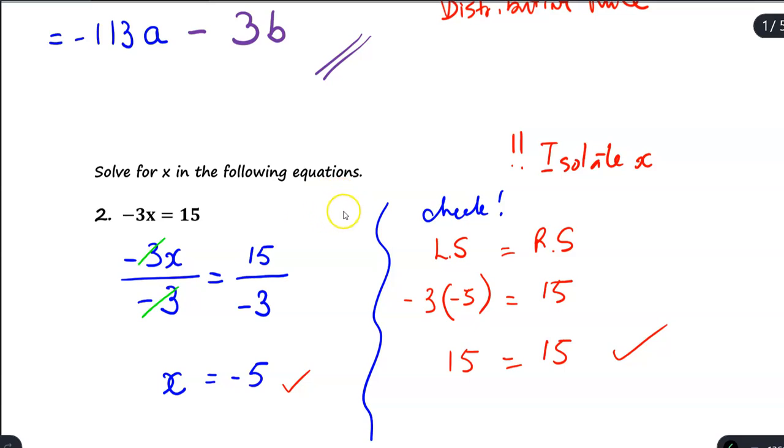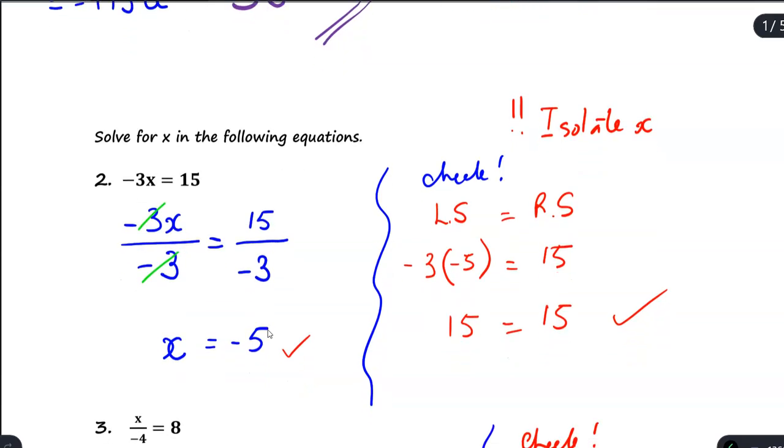So when you solve for x, what is your basic concept? It is to isolate x. Isolate x, that means you can only have x on one side of the equation. And this is a simple operation because you only have one operation on this side of the equation, which is multiplying by negative 3 to the x, right? So to get rid of it, you divide by negative 3 by using the opposite operation, okay?